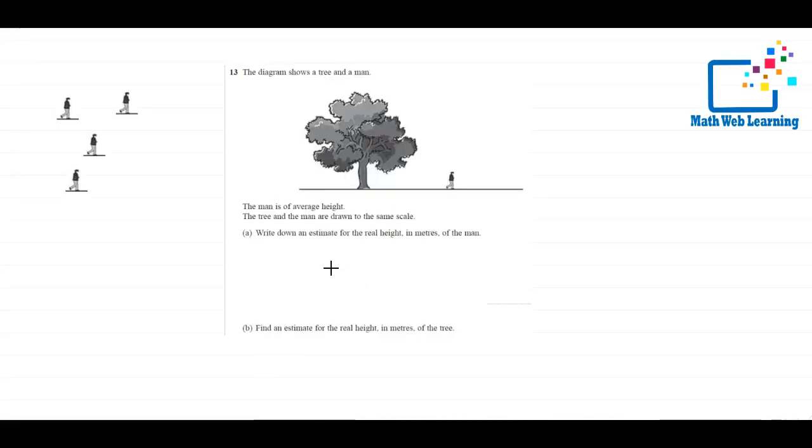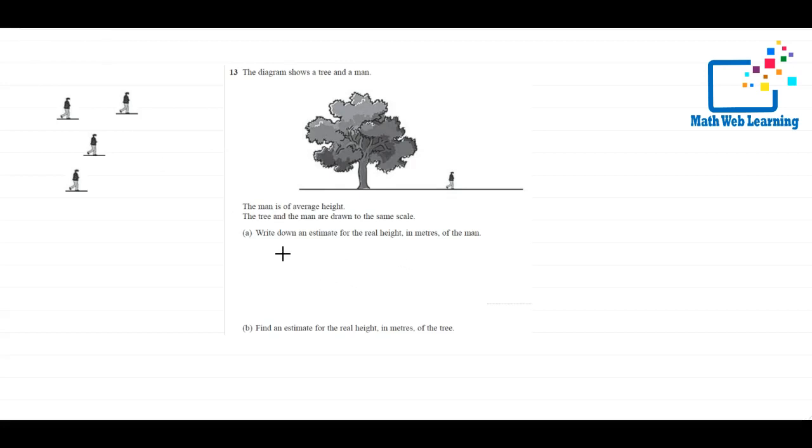Alright, question number 13 is a question on estimation of real life things, such as the height of a tree and the height of a person. I need to estimate the real height in meters of a man.